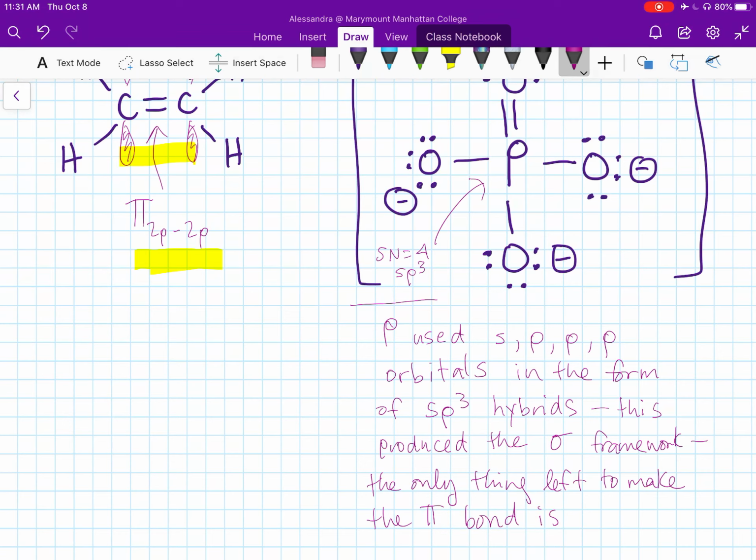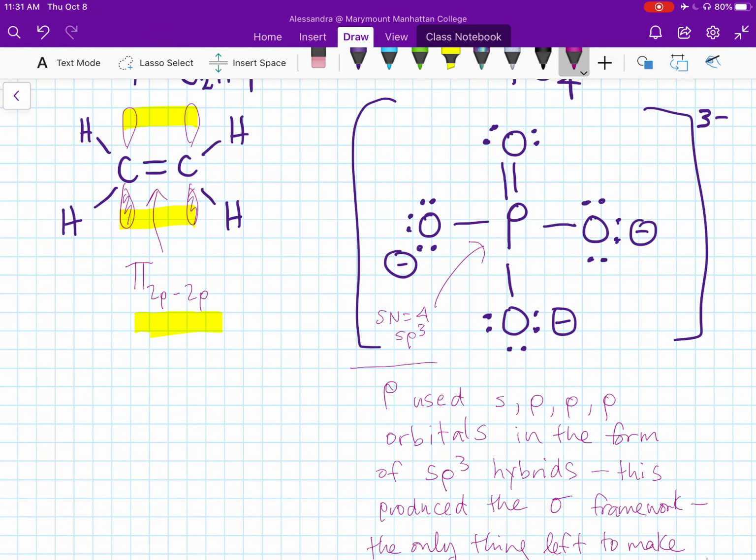And of course, phosphorus is a third row atom, so it can dip into its d orbitals for situations like this. So this is an example of pi bonding where we would have 2p on oxygen and 3d on phosphorus to produce this pi bond that we see between P and O. Only third row atoms can do this.